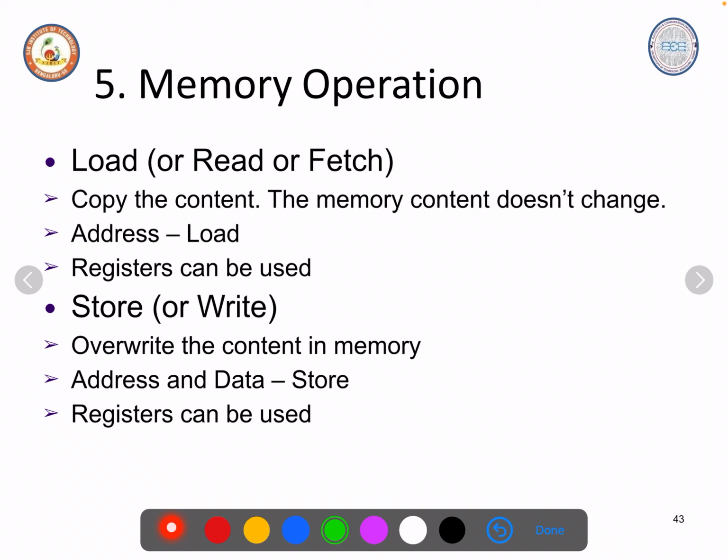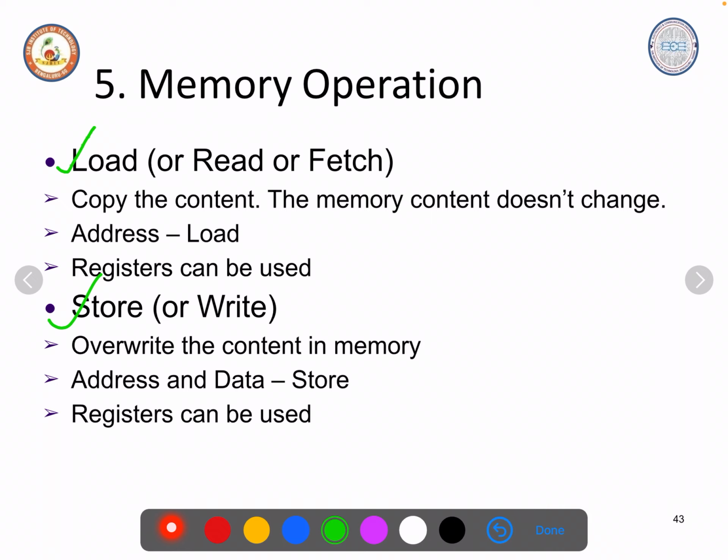So majorly, with respect to memory, we have two operations: load and store. ARM processor works based on load and store architecture. Load indicates loading the data from memory to the registers.